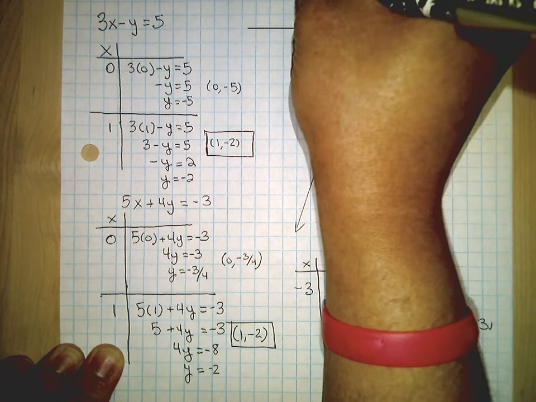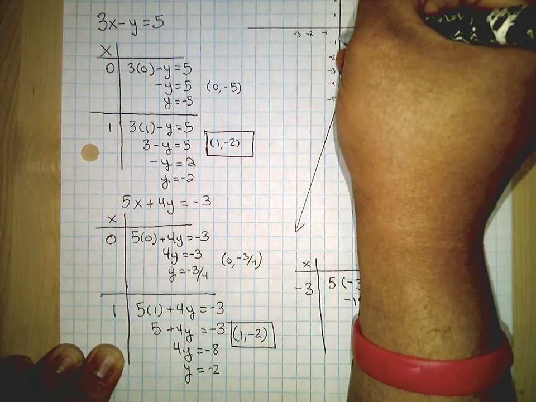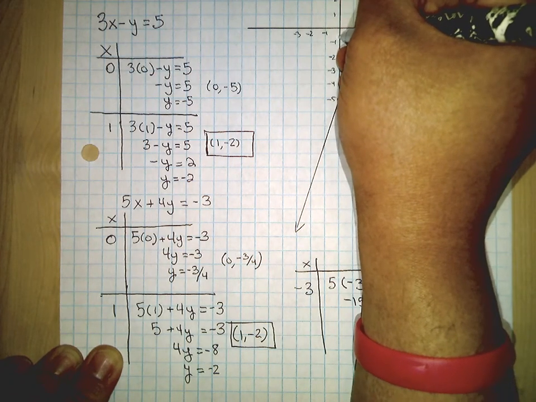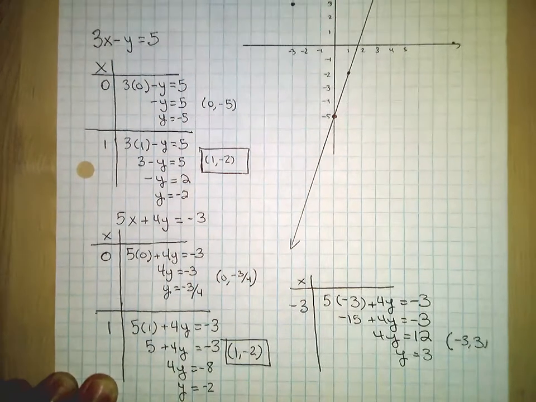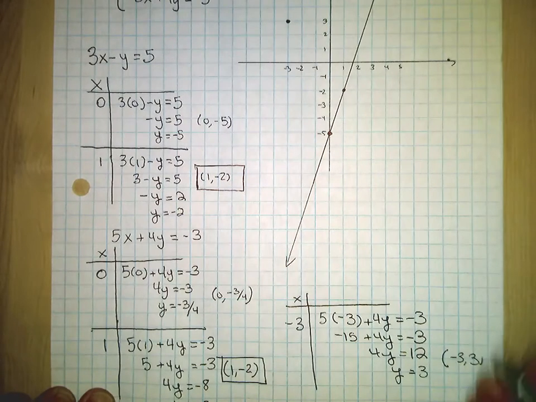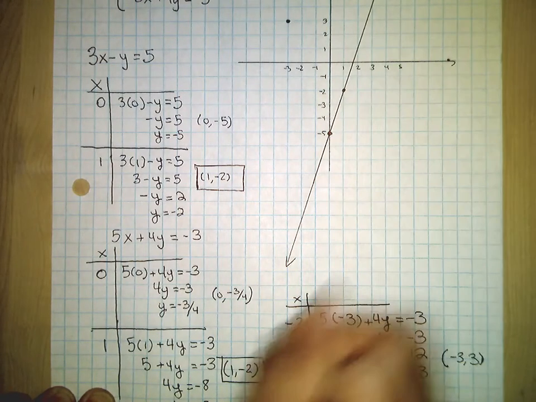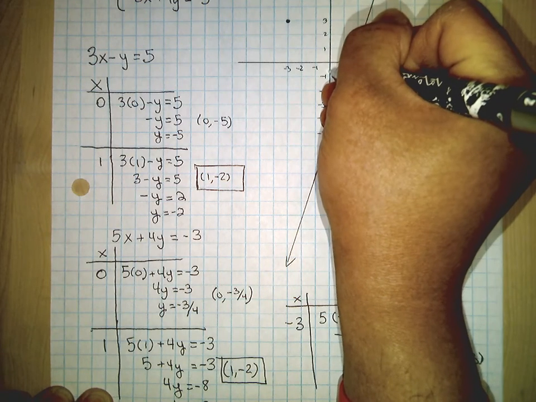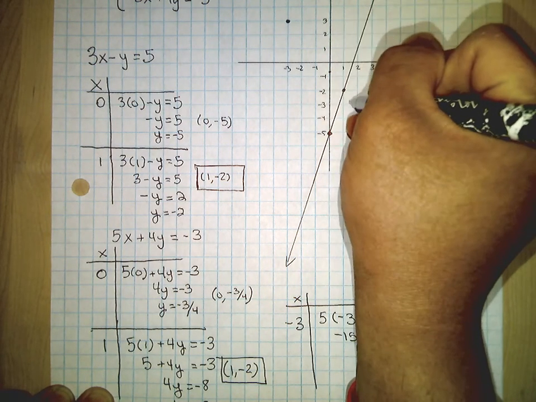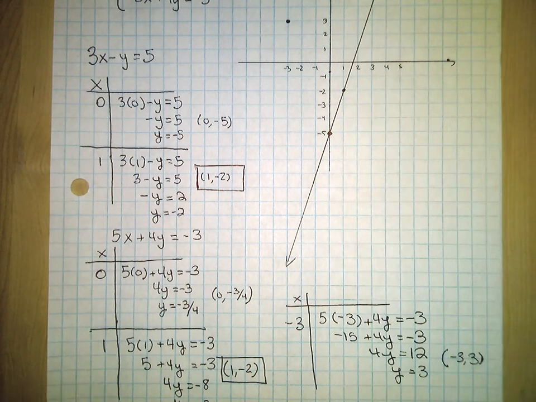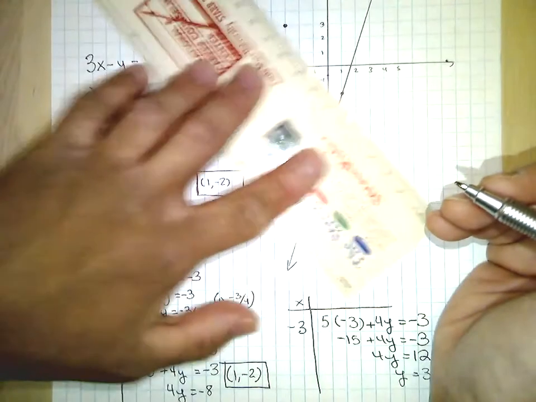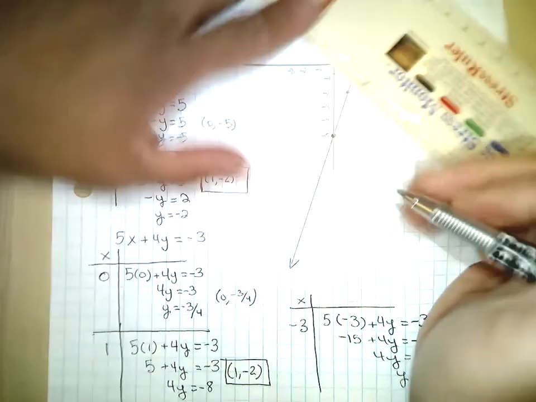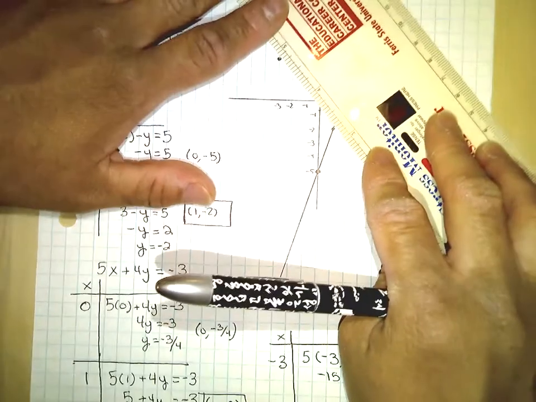All right, so (-3, 3), and then you have (0, -3/4) right about here, and then (1, -2), and then you carefully draw this line as best as you can.